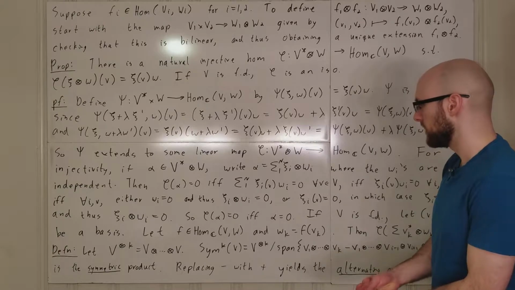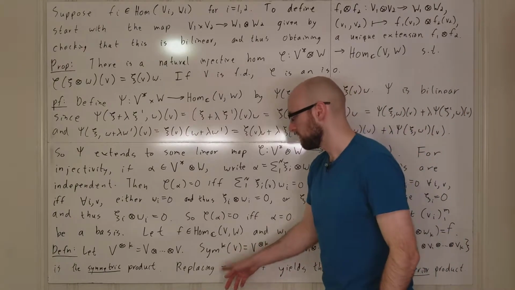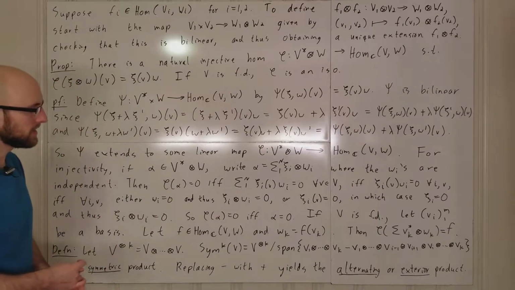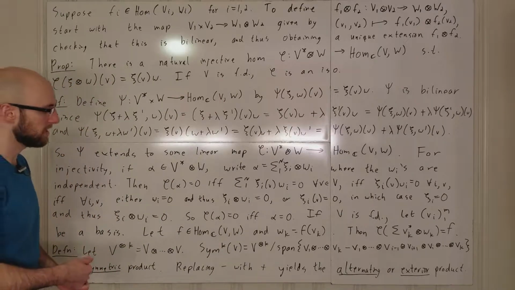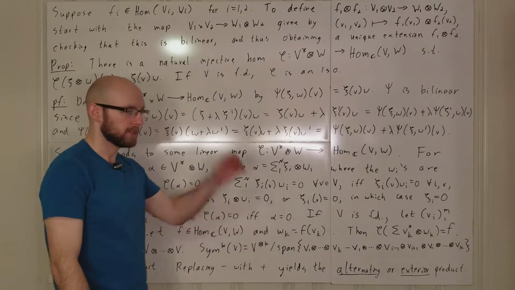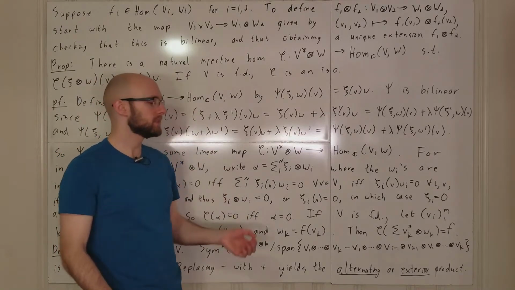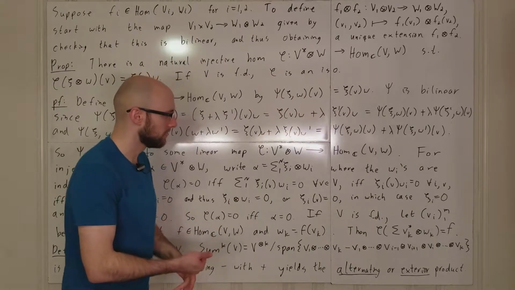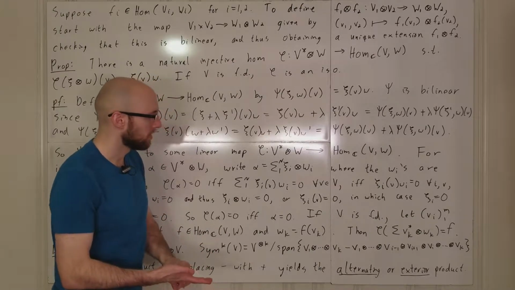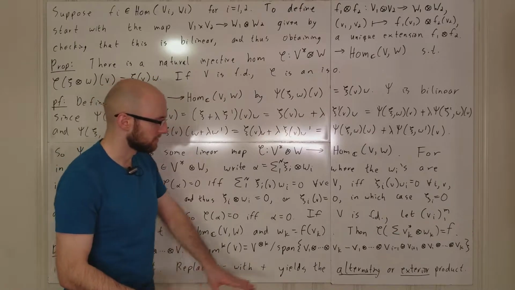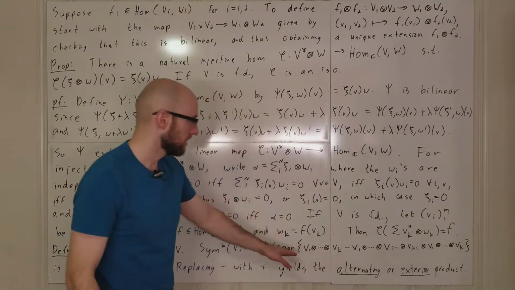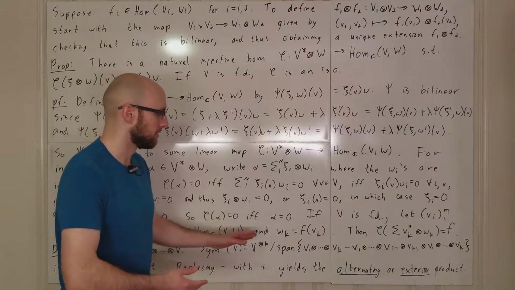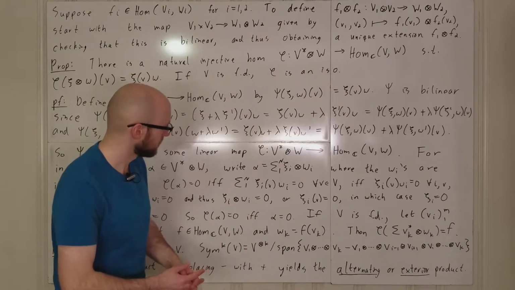And then you can define Sym^k V, the symmetric product. So what this is, you take this V tensor product with itself k times, but then you mod out by taking the span of all collections of vectors that look like this. You take v1 through, oh, is that a basis?